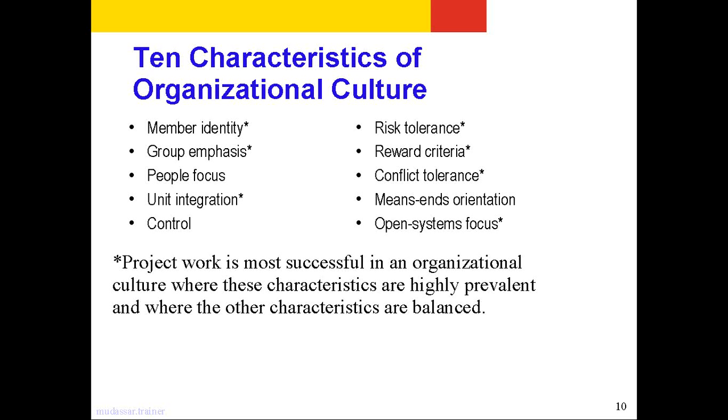These are some of the factors that contribute to how your organizational culture takes things ahead. Project work is most successful in an organizational culture when the starred characteristics are highly prevalent and the other characteristics are balanced. So you'll find the starred ones more and more relevant compared to the non-starred ones.